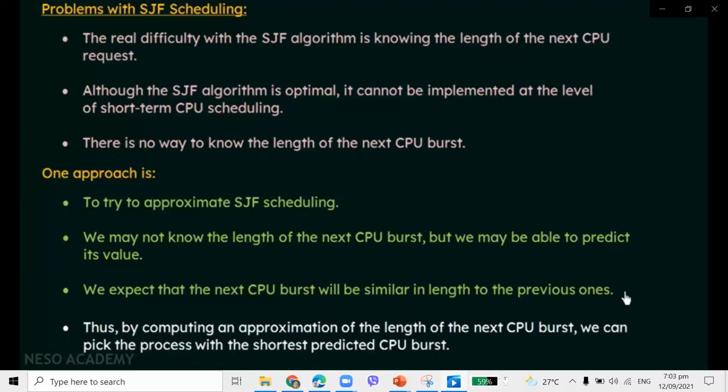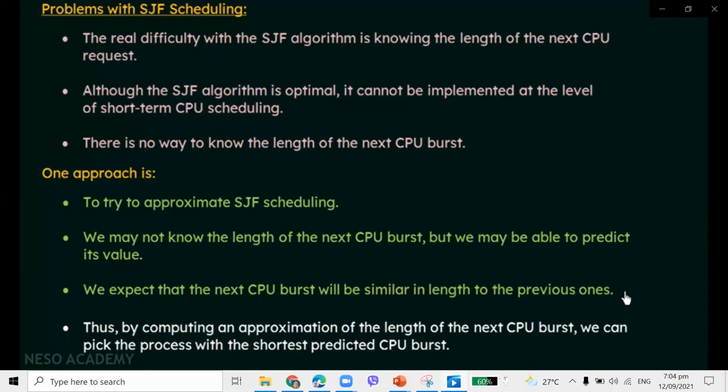So once one CPU burst has occurred, we can assume that the next CPU burst will also be approximately of that same length. In some cases it may not be the same, but in most cases the next CPU burst will be somewhat similar to the previous CPU burst.